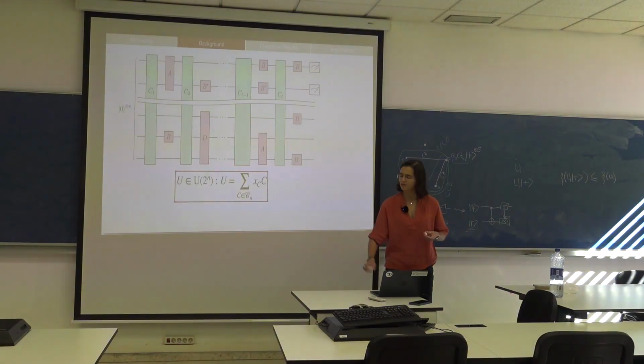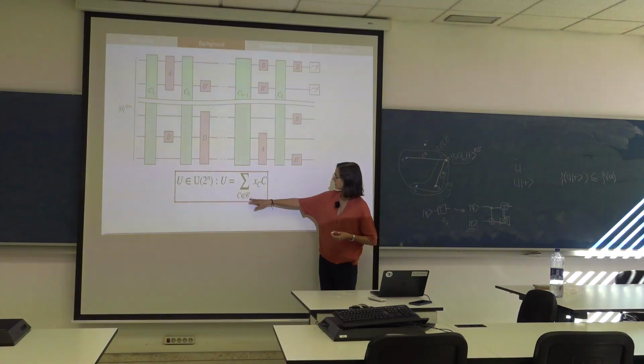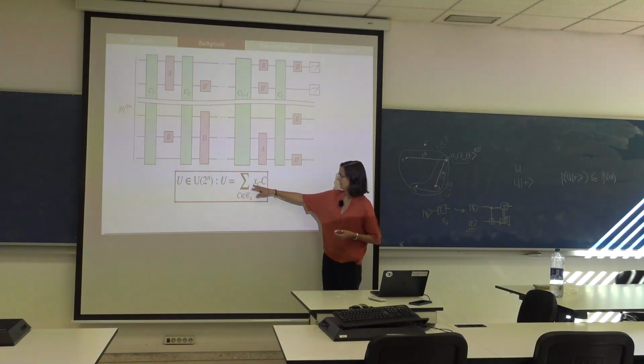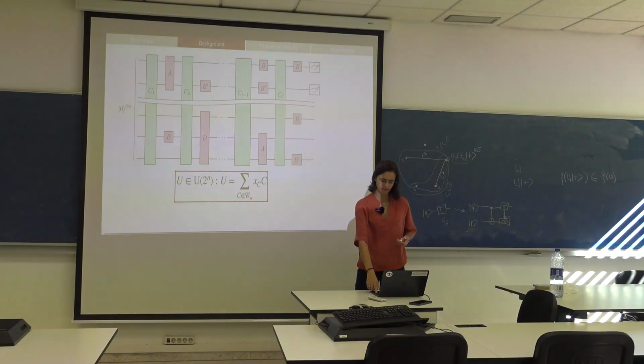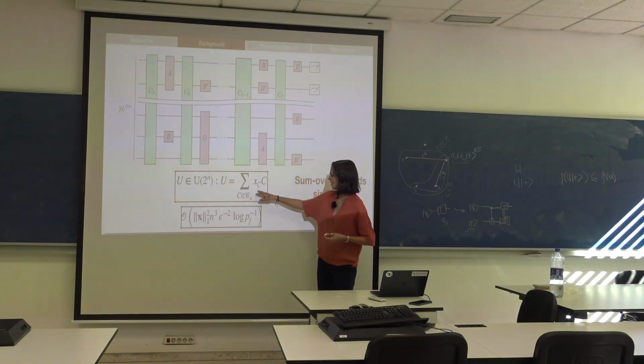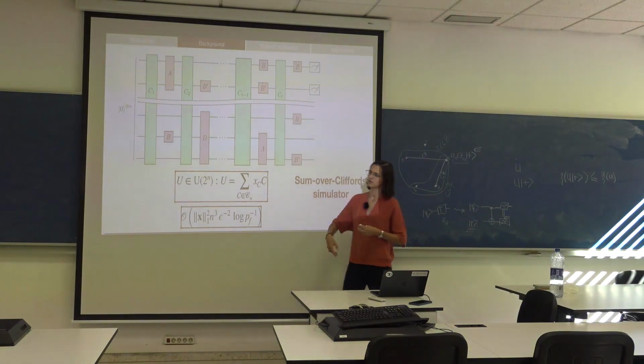So you can find a decomposition with only Pauli operators, 4 to the n of them. But then the one norm of this is not going to be optimal, and it's going to give you a way worse exponential scaling.